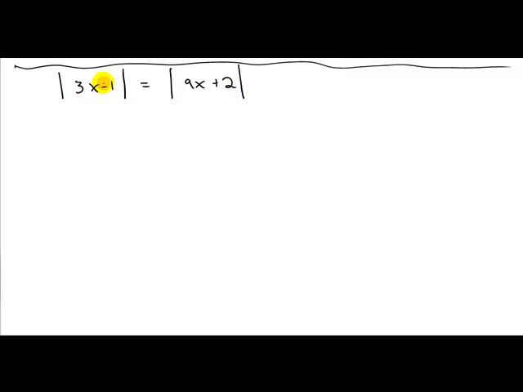Okay. What we want to do here is we're going to remove those bars, and this is our positive version, and then we have to do a negative version. All right, so I want to move, and my largest x is over here.